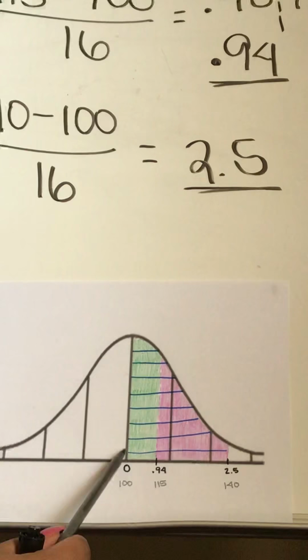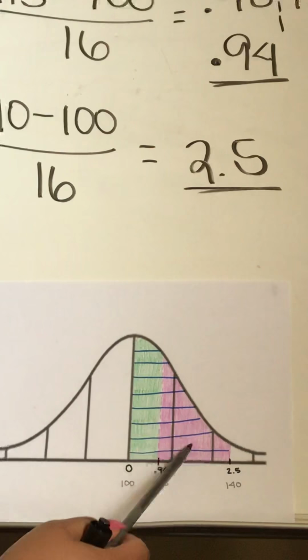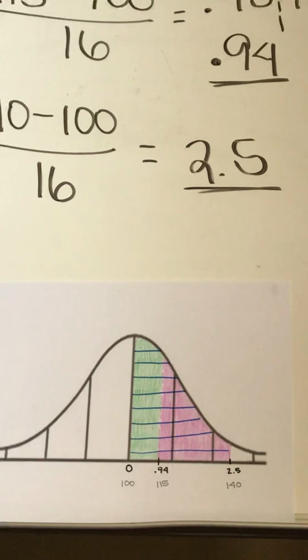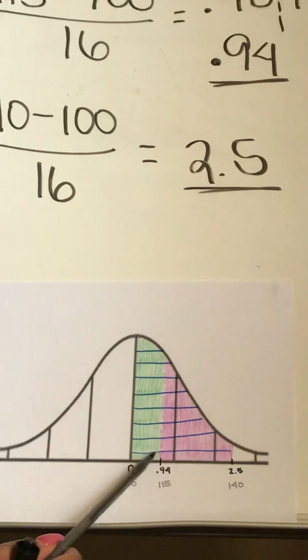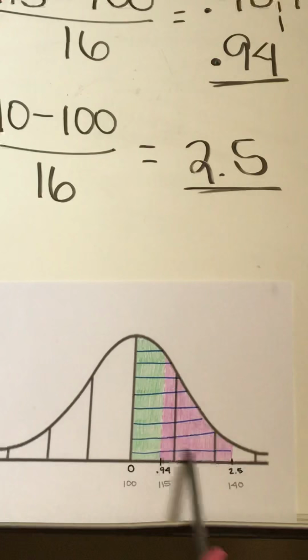If I go do mean and z of 2.5, it's going to give me what's in purple and what's in green. So it makes sense that if I go get that number and then get the green measurement, which would be the mean and z of 0.94, and subtract the two, I'm going to be left with what's in purple.